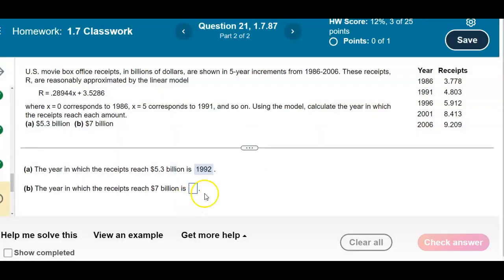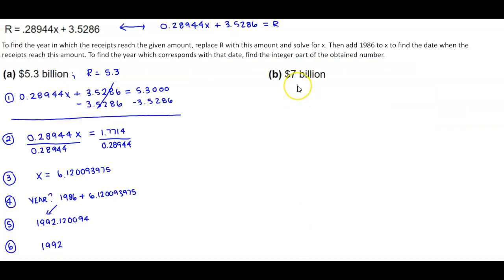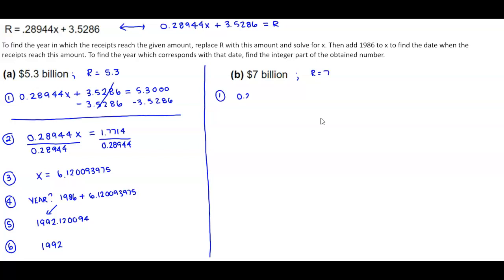Now we want to find the answer for part B. So we're going to do the same thing. For part B, we know that R is going to equal 7. So for this equation, we have, again, 0.28944x plus 3.5286.